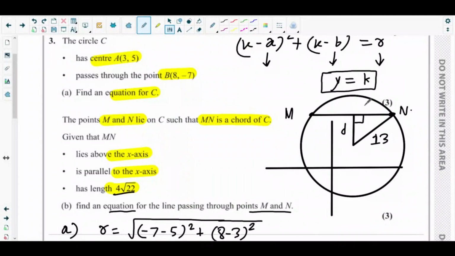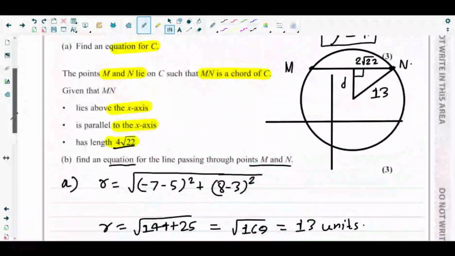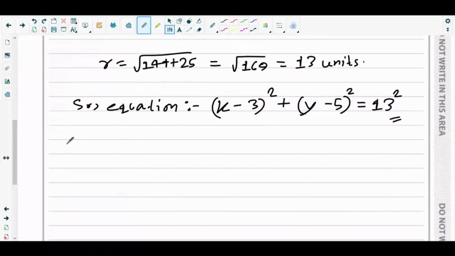So this length would be 2 square root of 22. We can easily find the value of d using Pythagoras theorem.